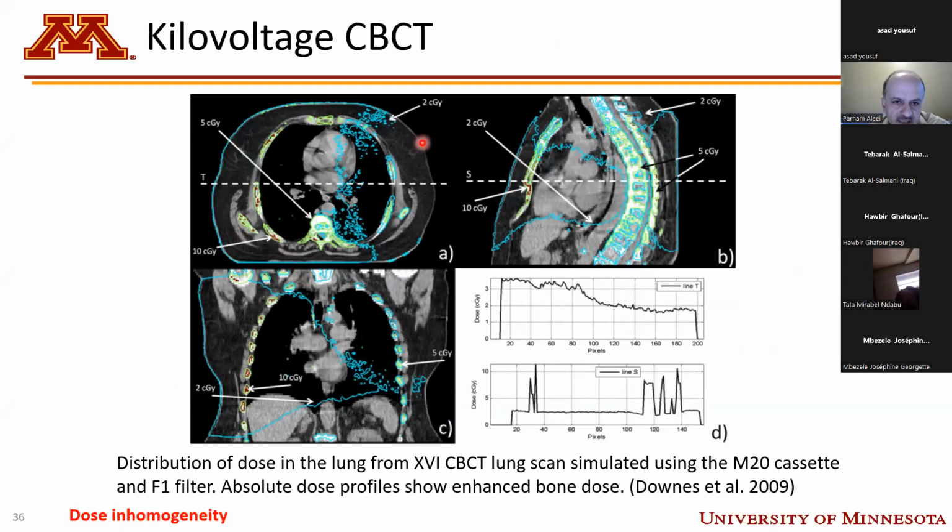So the soft tissue may get about 2, but the rib cage may get 10 centigray on this side at least. And again, they show that enhanced absorption in the bone. So we need to keep this in mind when we use the kilovoltage cone beam, especially for the pediatric cases, because their bones have not grown, they're in the growth phase, and this may potentially affect the bone growth if it's a high dose.